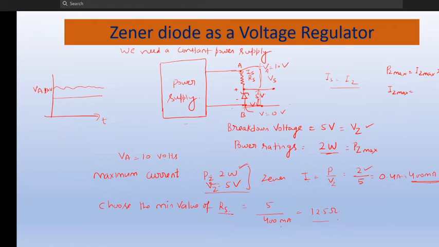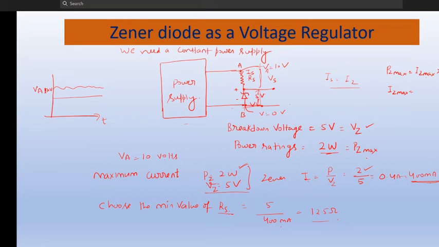I just want to show you with this example how this works. You just see how the values change. What is the voltage drop across RS? It is 5 volt.